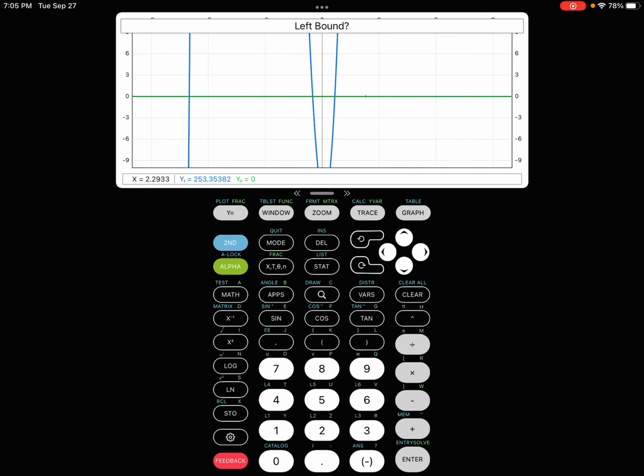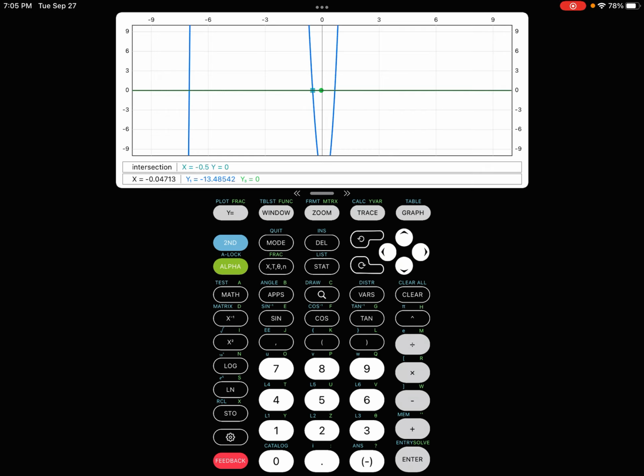Okay, on this one, I have to scroll over a little bit first. Okay, so scroll close to the root, second trace, enter, enter, scroll, enter.